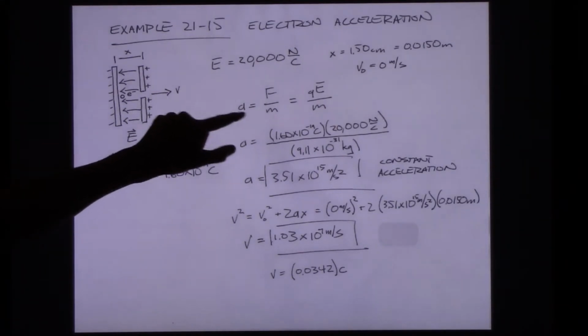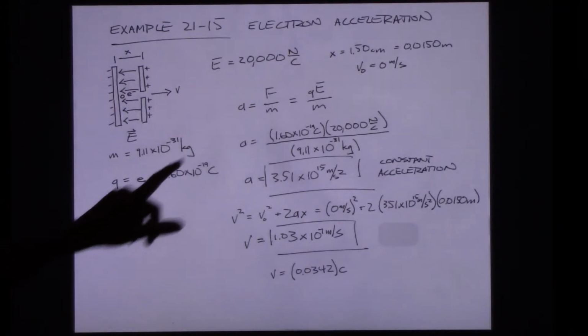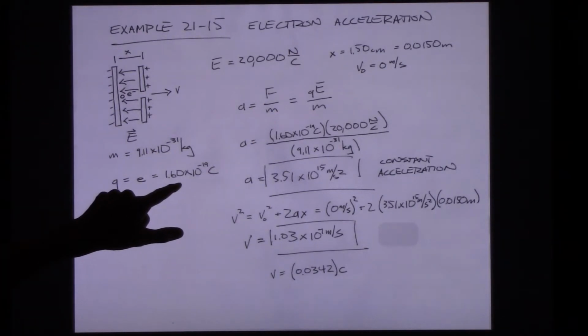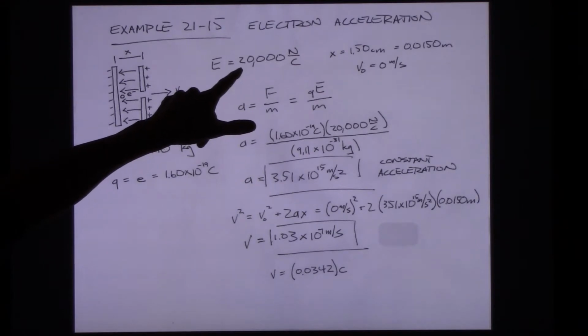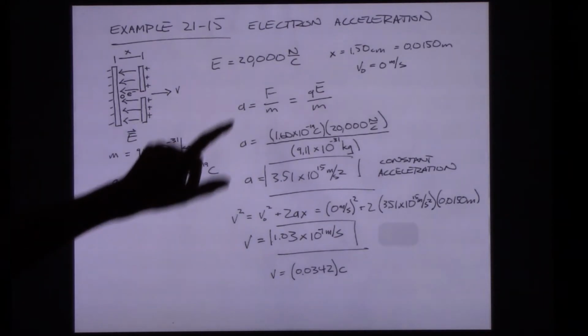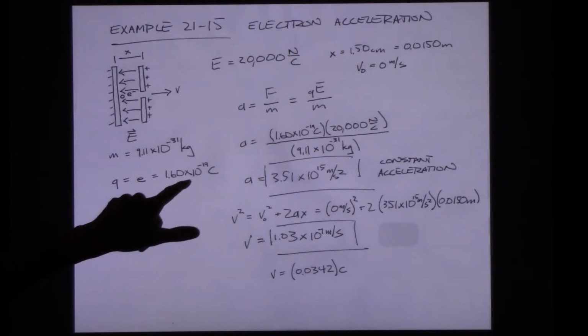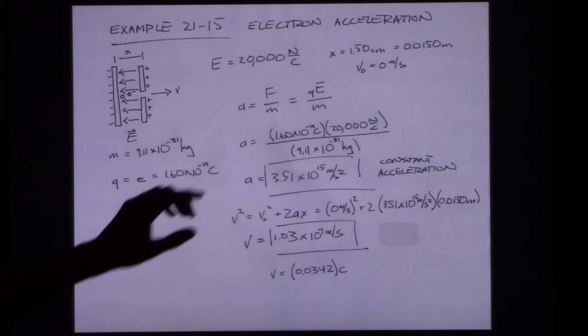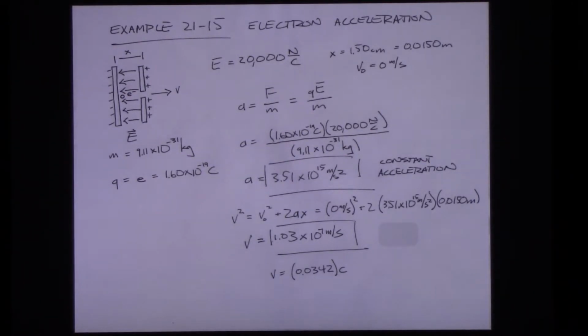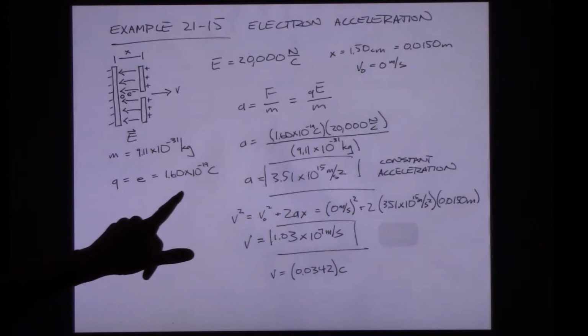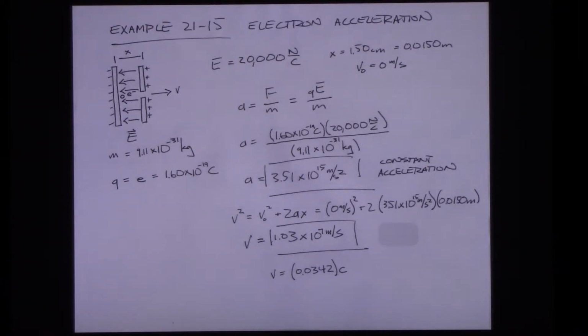The acceleration here is force over mass. Now, the force comes from taking that charge and multiplying by that electric field. That's an enormous electric field, 20,000 newtons per coulomb, but that's a tiny, tiny charge, 10 to the minus 19. So the force here is really tiny, like a trillionth of a newton.